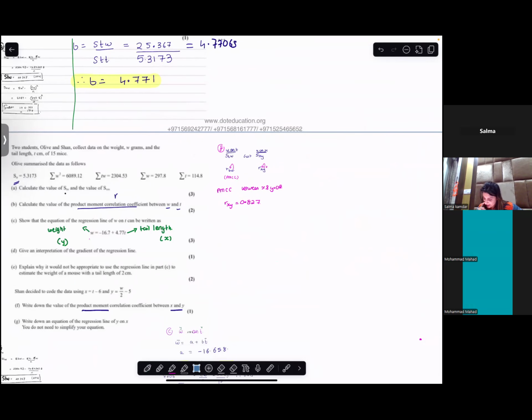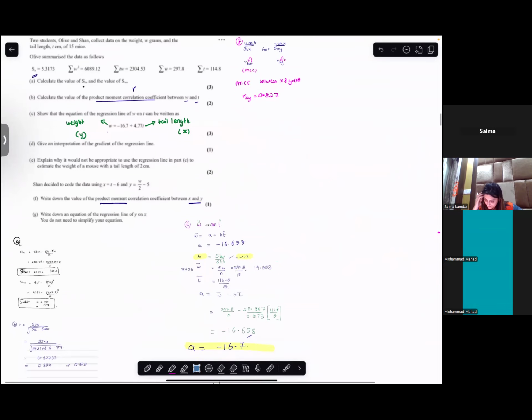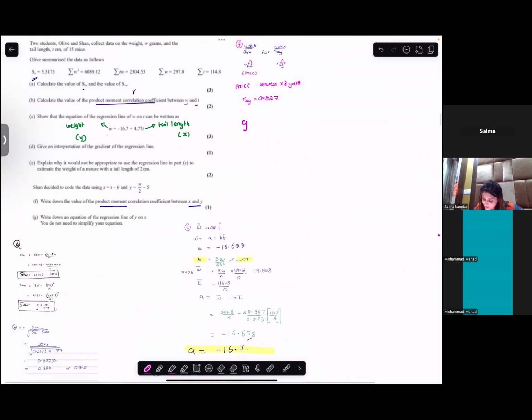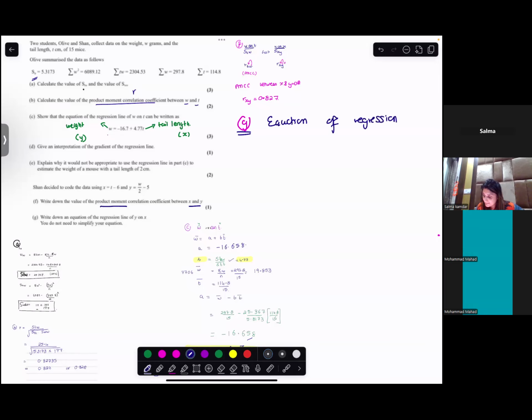Now we'll go to the G part. Write down the equation of the regression line y on x. So my G part tells me that I have to write down the equation of the regression line y on x. Can you tell me the equation of the regression line y on x?